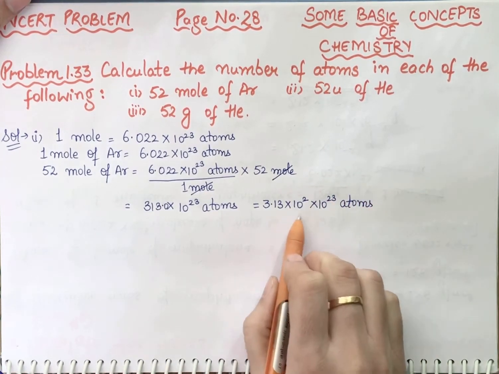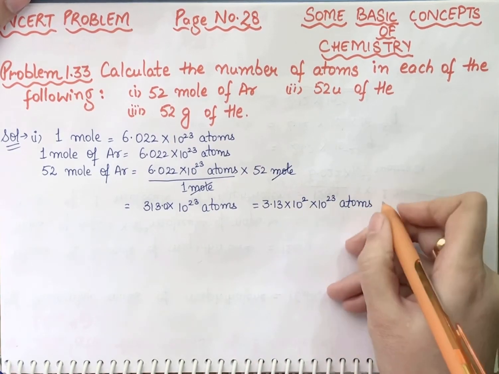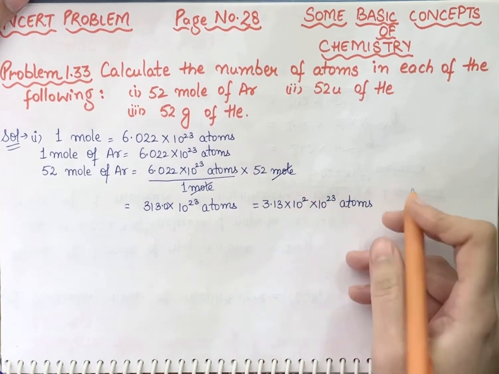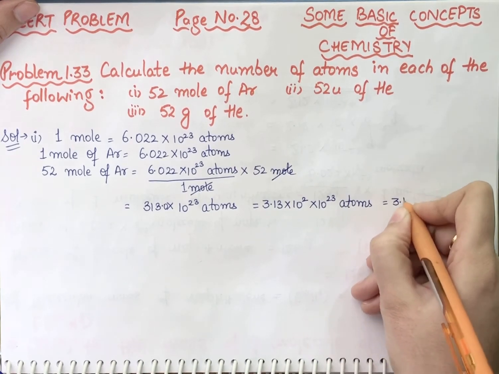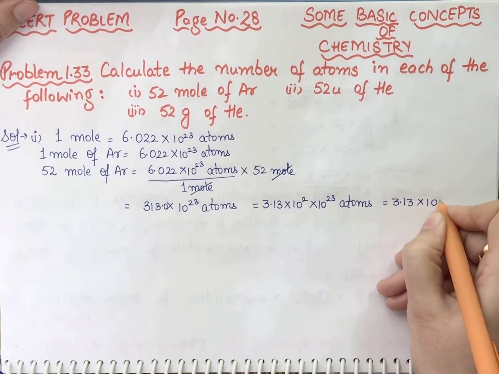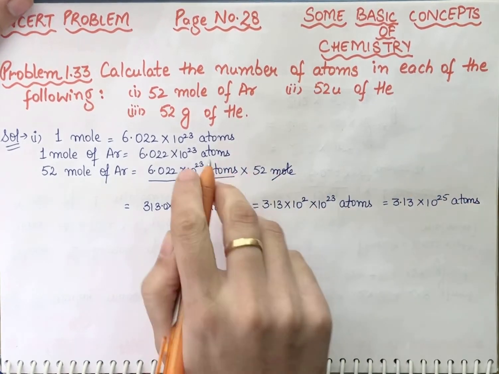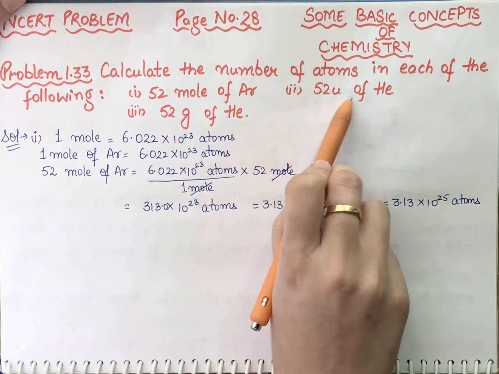So I know that here I'm having powers in multiplication, so simply I'll add these powers. So 2 plus 23, that means 25. So my final answer is 3.13 into 10 raised to power 25 atoms. Done. Now the second one is 52 u of helium.